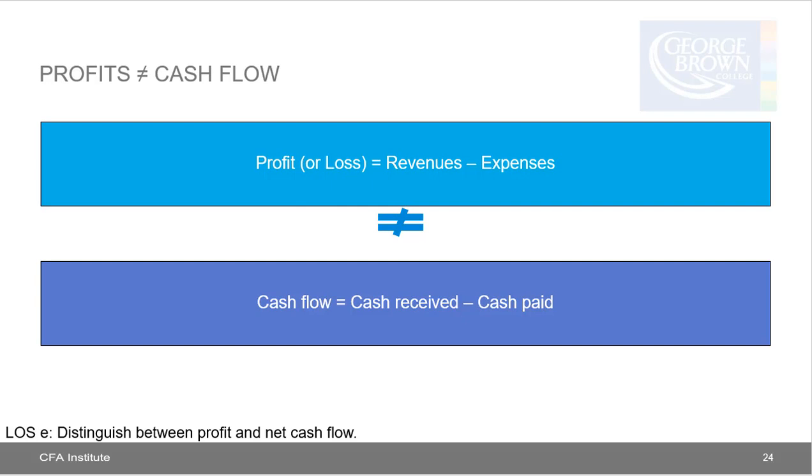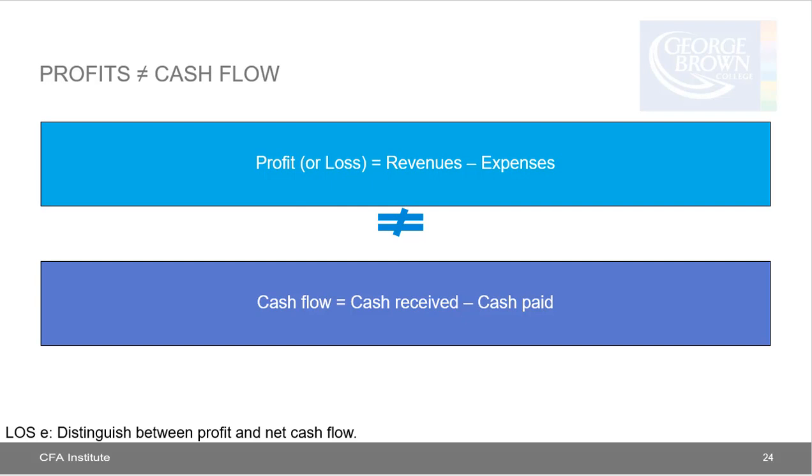Thus, profits and net cash flow are typically not the same amount. The balance sheet reports long-term assets when they are acquired, but there is no long-term asset expense shown immediately on the income statement. Instead, the use of a long-term asset is expensed on the income statement over its useful life by using a depreciation expense, which we've already gone through.